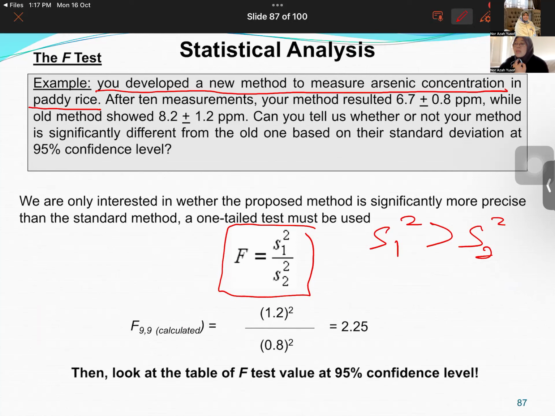After 10 measurements, your method gives 6.7 plus minus 0.8, meaning the standard deviation is 0.8.